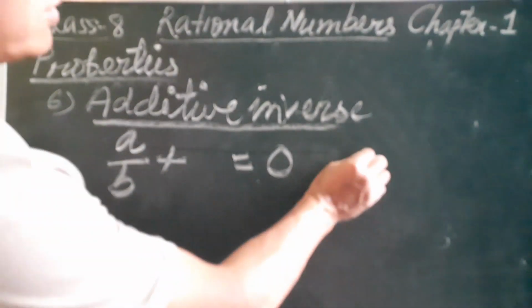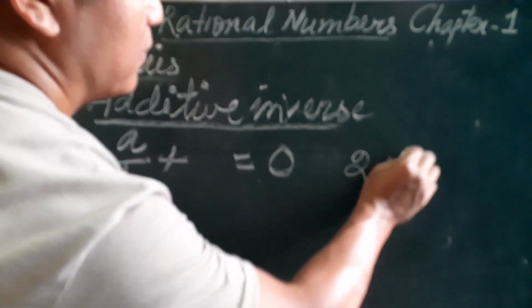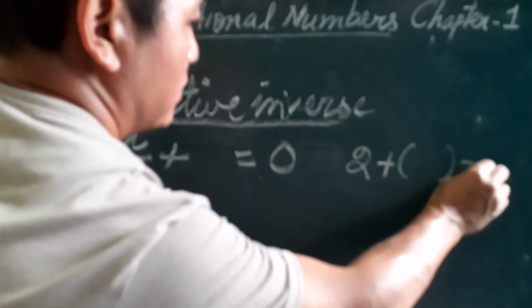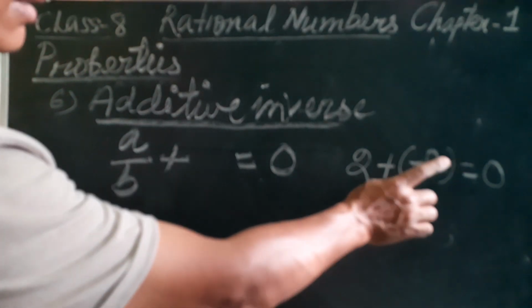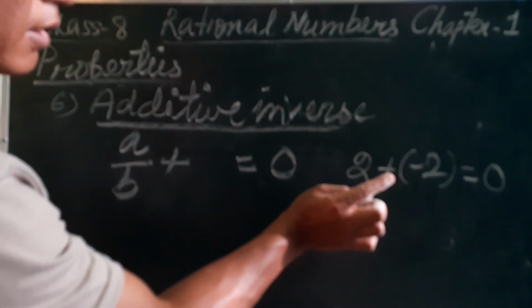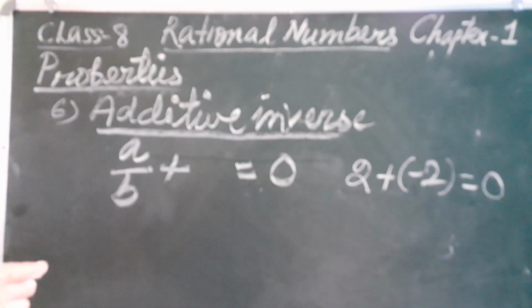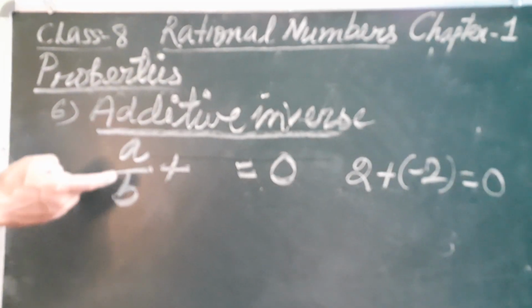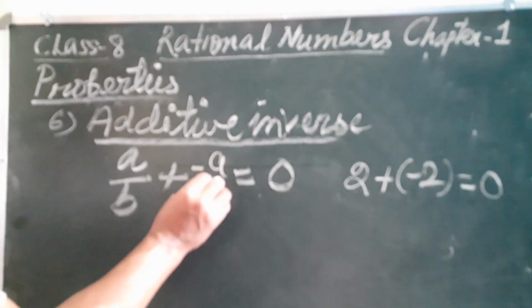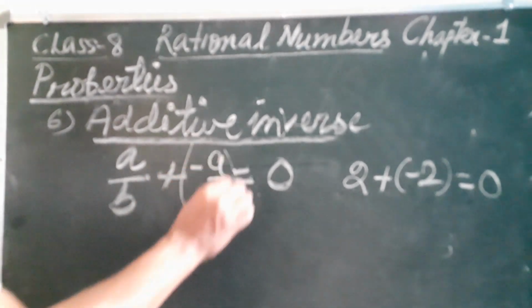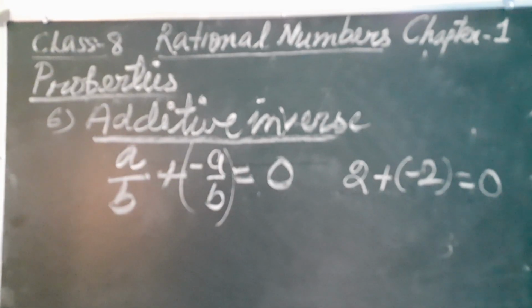For example, 2 plus what number do you get 0? It is clear that minus 2, and minus 2 is the opposite of plus 2. So a by b plus minus a by b is equal to 0.